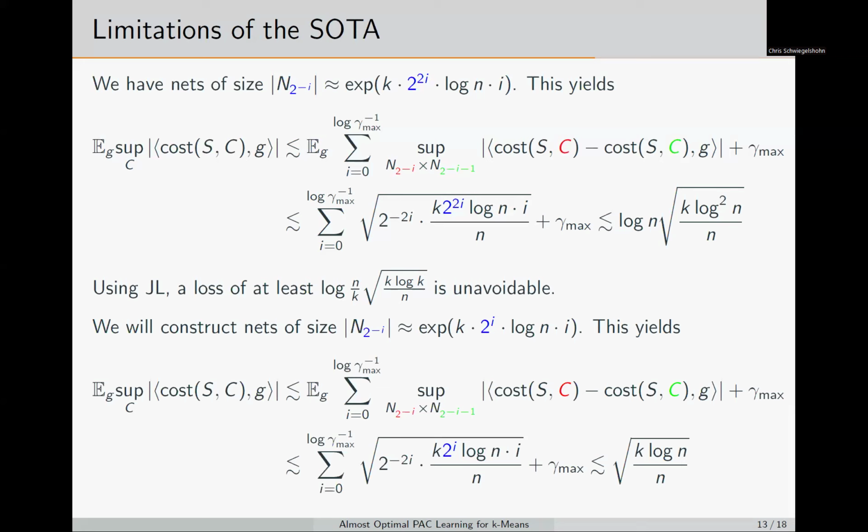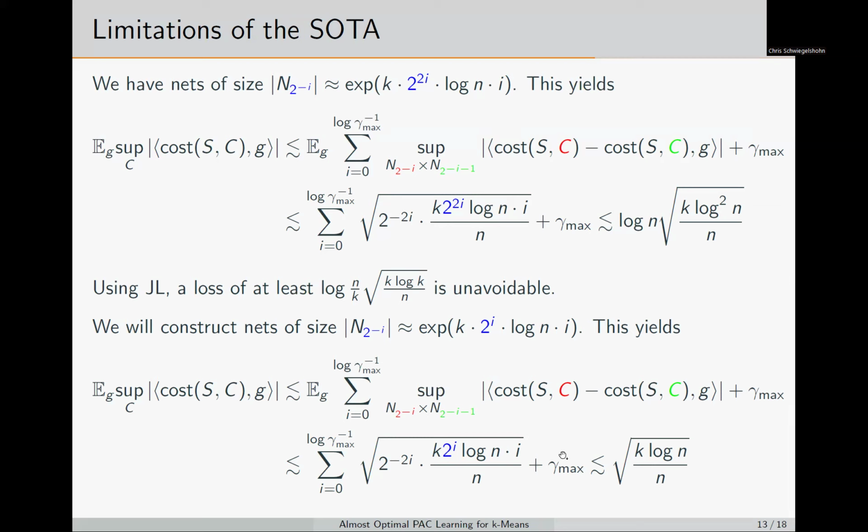Our goal will be to construct nets of this size. So notice the difference compared to the Johnson-Lindenstrauss construction, which is of the order 2 to the 2i. We are going to construct nets of the order of 2 to the i. And in this case, notice that this sum here becomes a geometric series, which means that if we're now adding up all of these increments, we're no longer going to be losing this log n factor.